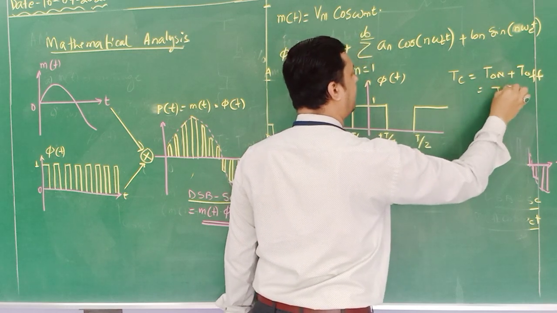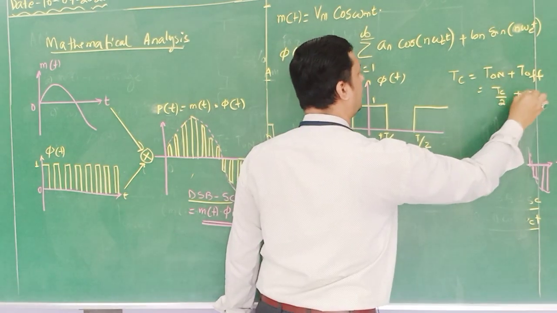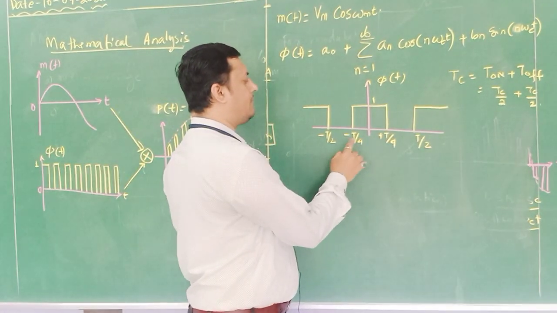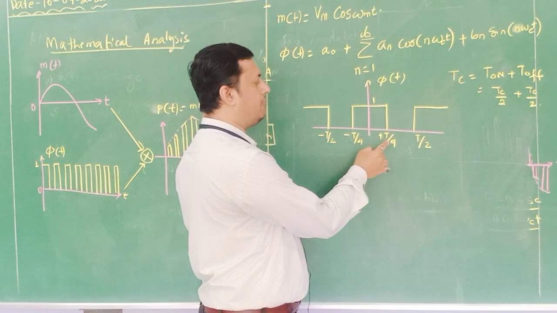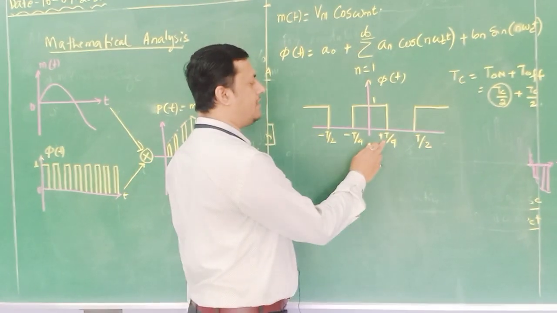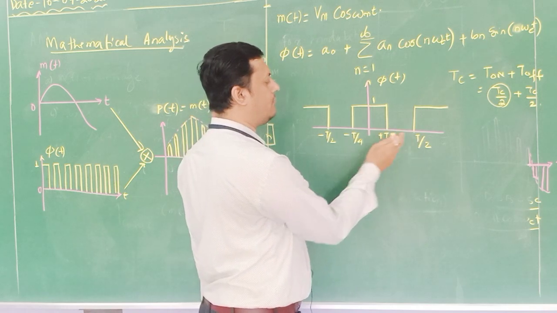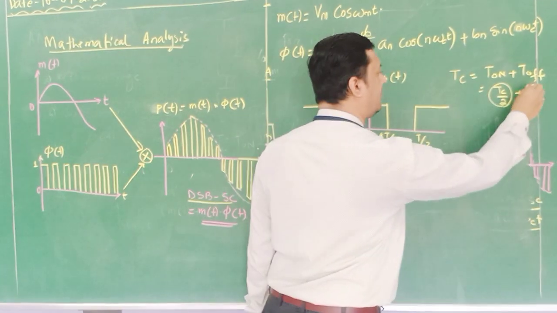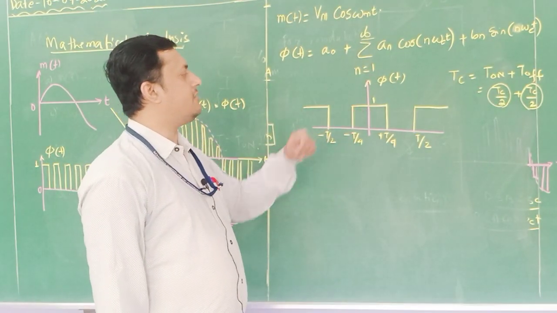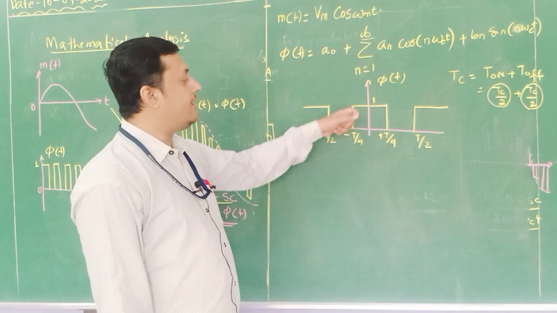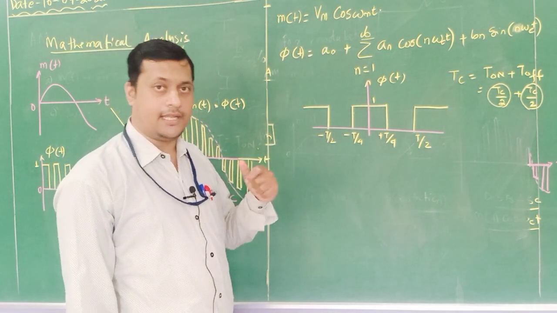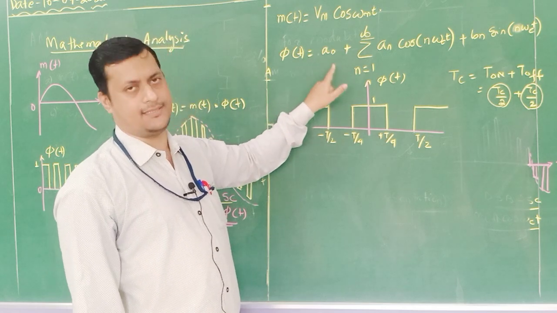So half of the time period is on and half is off. Minus T by 4 to T by 4, if I add, I get Tc by 2. Similarly, when it is off, from T by 4 to T by 2, the off condition is satisfied. So this is my pulse. Now I need to represent this pulse in terms of a mathematical equation. How can I represent it? With the help of a Fourier series.